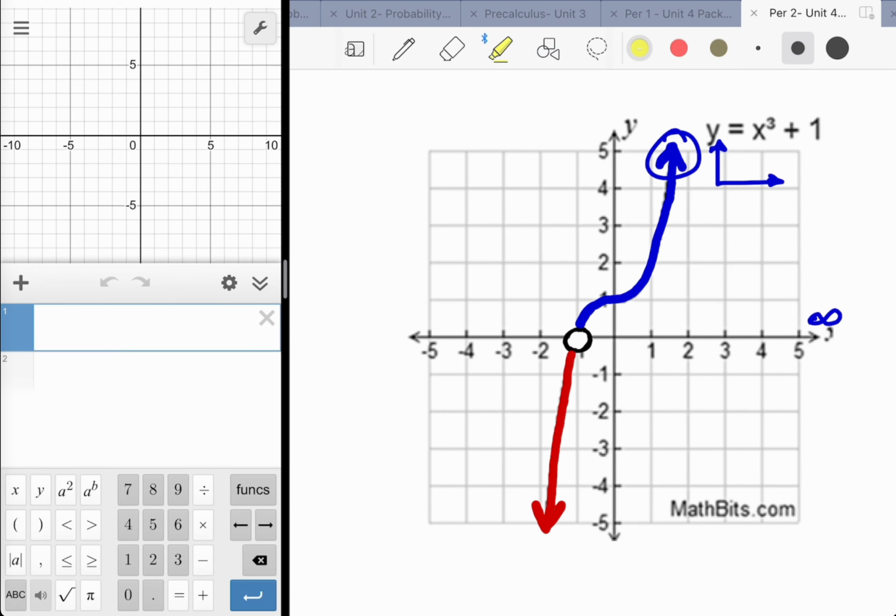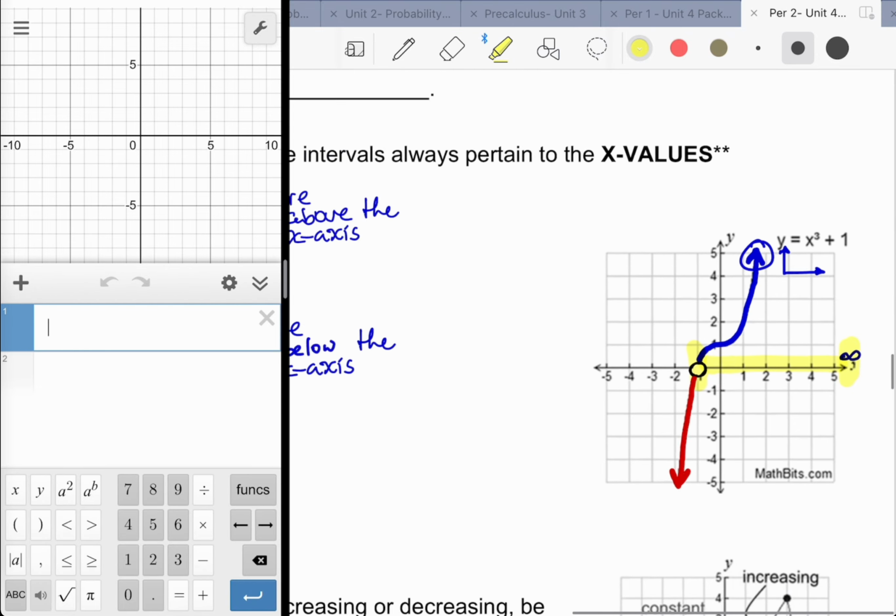I'm just looking at it from the perspective of the x-axis and saying, well, what part of the graph is being mapped onto the x-axis? It looks like anything from -1 right on down to infinity. So anything from here to here and everything in between. That would get me above the x-axis.